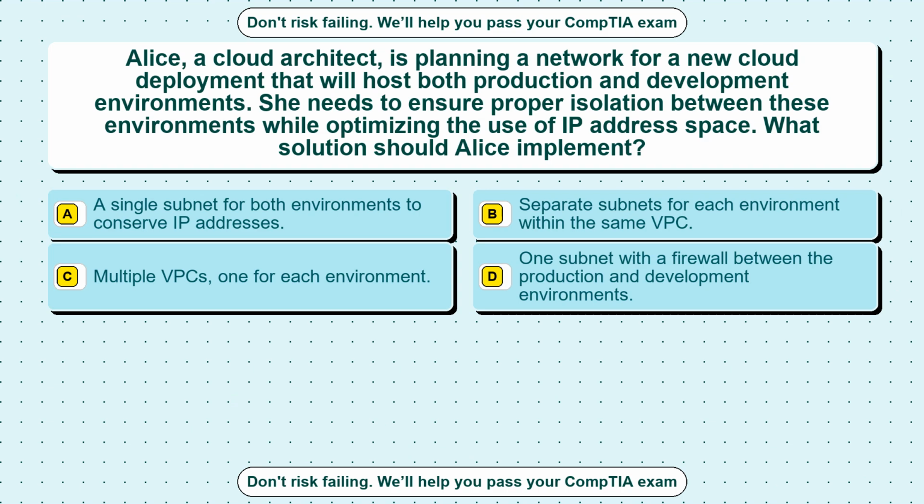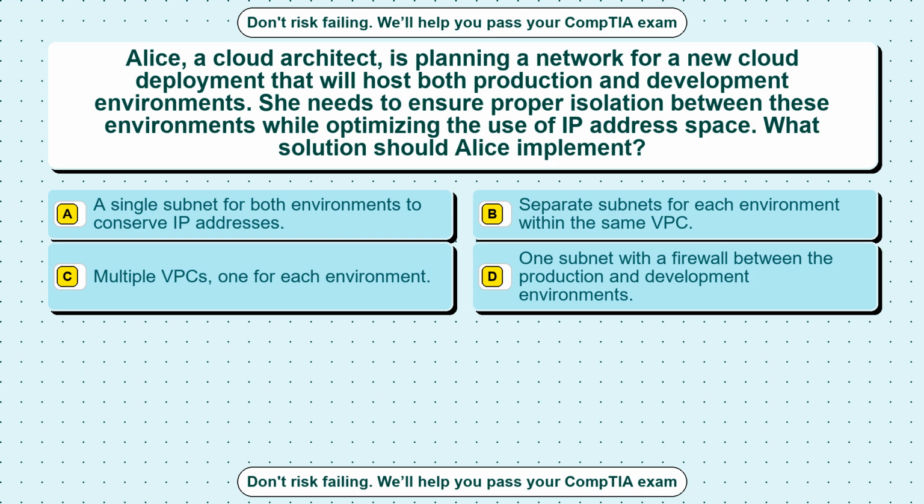Question 16. Alice, a cloud architect, is planning a network for a new cloud deployment that will host both production and development environments. She needs to ensure proper isolation between these environments while optimizing the use of IP address space. What solution should Alice implement?